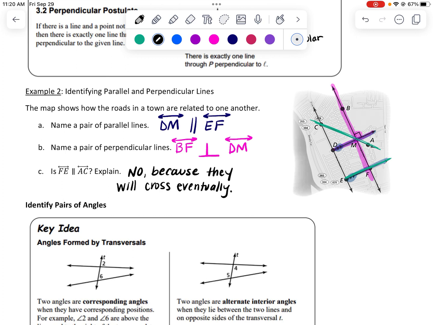You could be specific and say that they have different slopes. They're not marked parallel, okay? And so we just have to be really careful with that. Okay, cool.